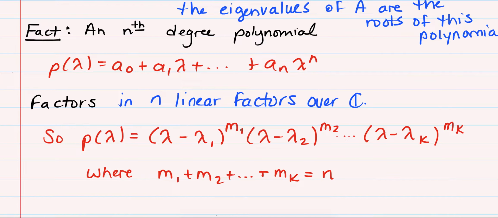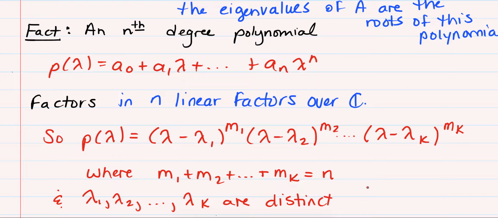And these lambda i's here, they're distinct. So they're distinct eigenvalues, because if I had more than one of them, I would raise it to a higher power.